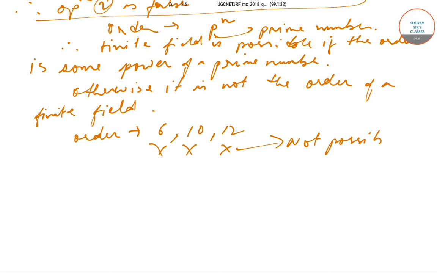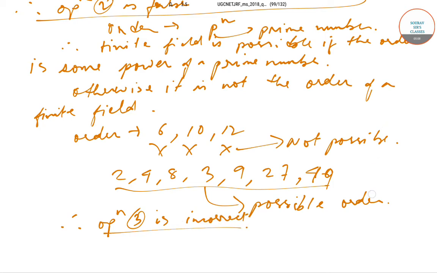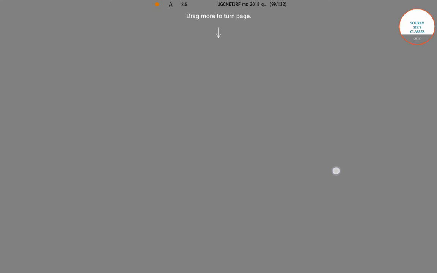But if it is like 2, 4, 8, or 3, 9, 27, or 16, or 49, these are possible. These are possible orders of a finite field. So therefore option 3 is incorrect.